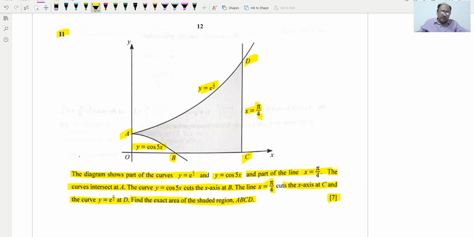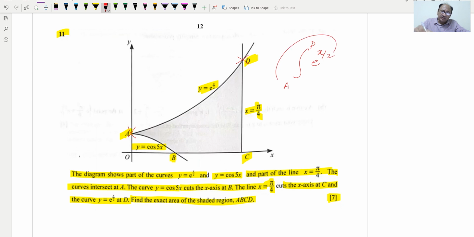So what will be our strategy? Our strategy will be, we will find the area under the curve of this one, starting from this point to this point. First of all, we will find these points, C, D, B, A, and we'll find the area like the integral from A to D. We will be taking x values, of course, and y is e raised to the power x by 2.